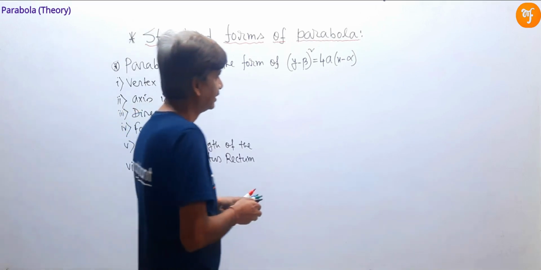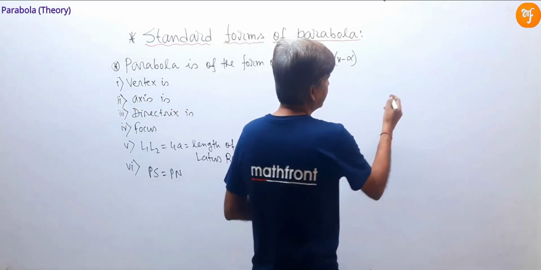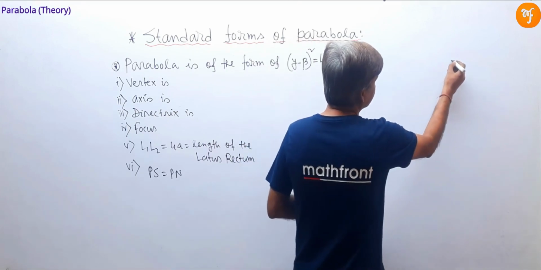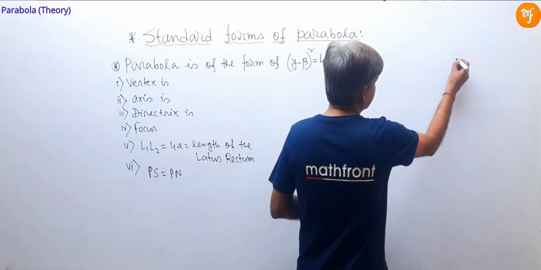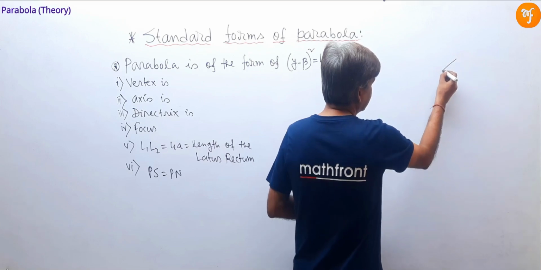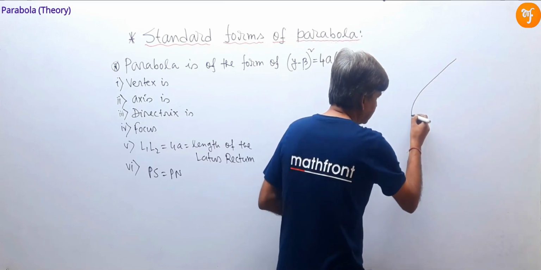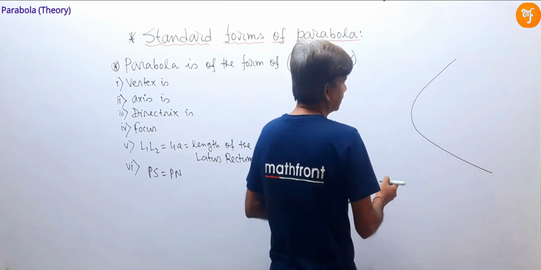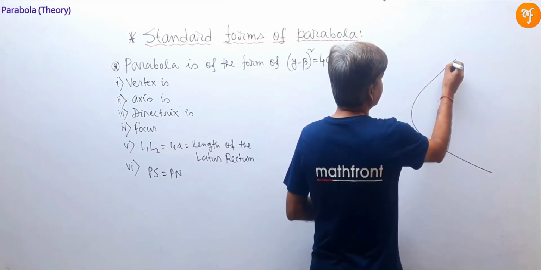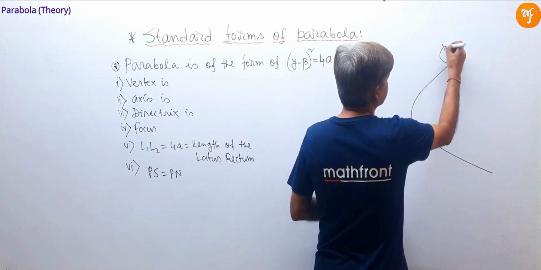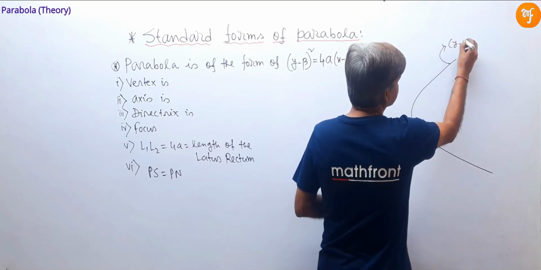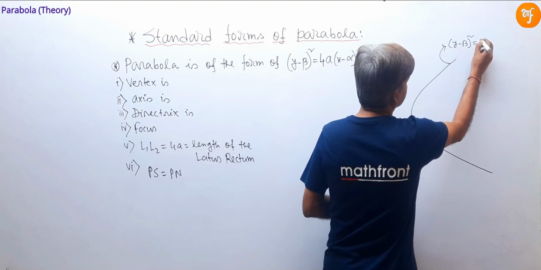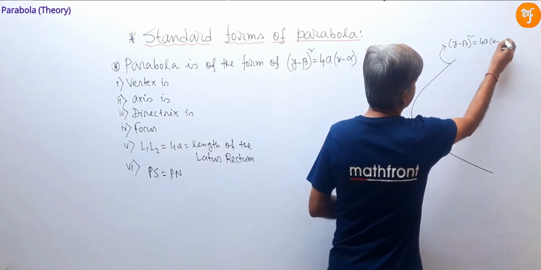Considering this is the parabola whose equation is y minus beta whole square is equal to 4a into x minus alpha.